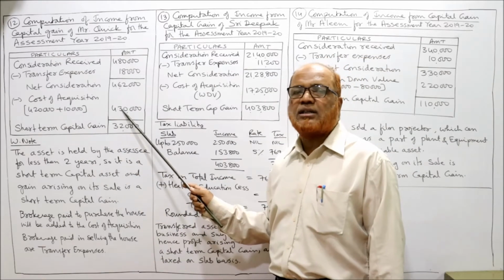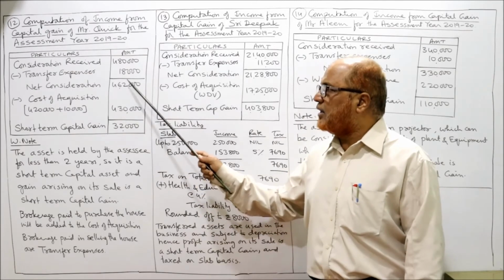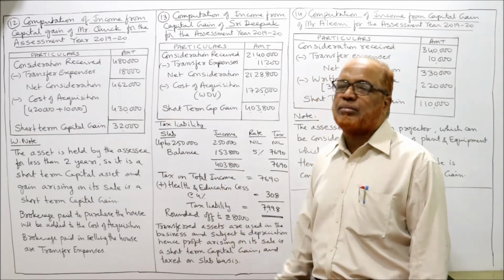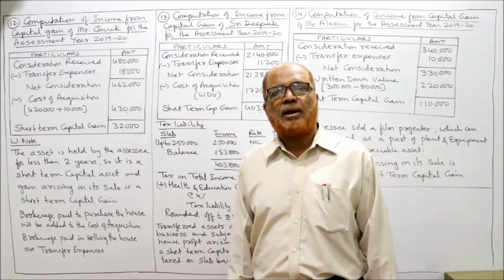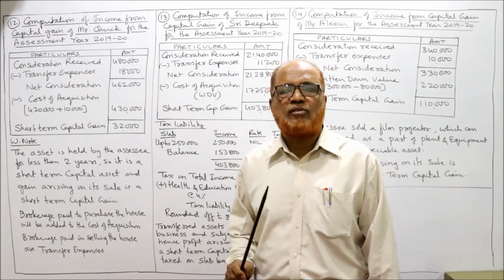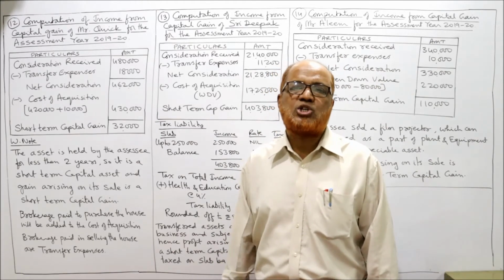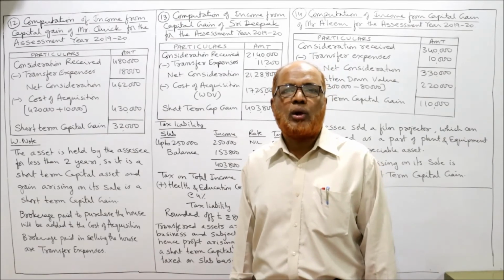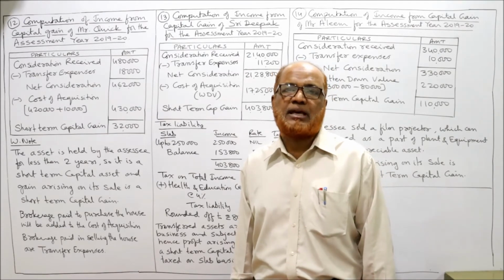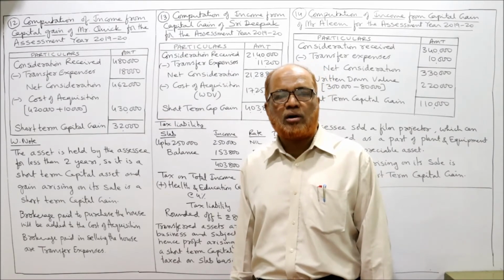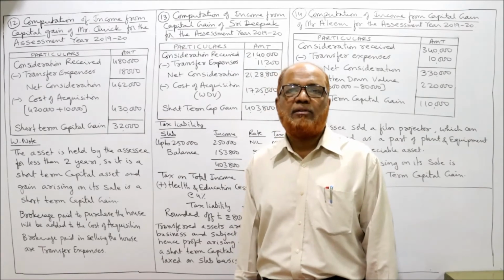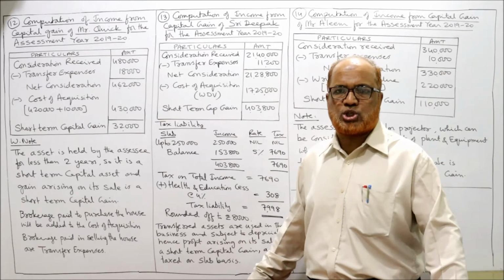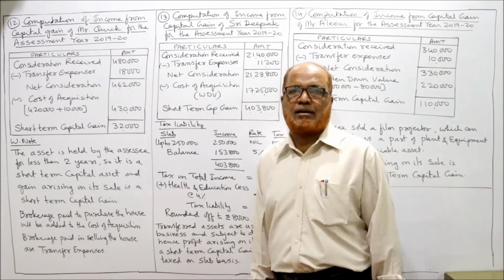So 4,30,000 is the cost of acquisition. Deduct cost of acquisition and we get short-term capital gain. One point you remember, indexation provision will not be applied because it's a short-term capital gain. So indexing will be done only when it is a long-term capital asset. When it is a long-term capital gain, then only we calculate indexed cost of acquisition. Right now, no indexing.